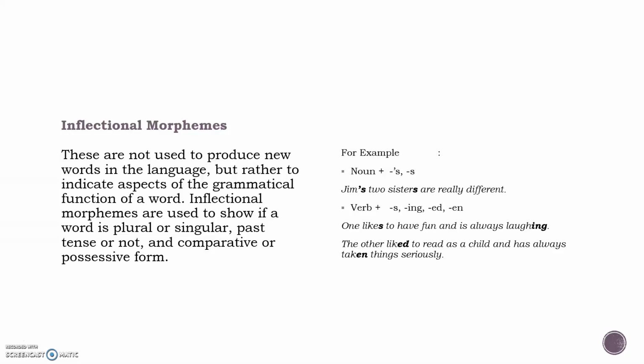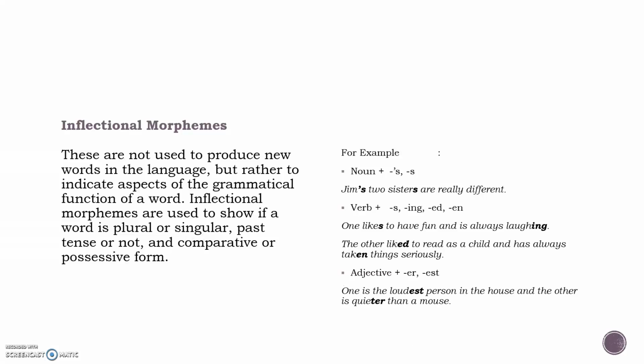Likes: here it added -s to show third person singular, and -ing to show present participle, and -ed to show past tense and past participle. The sentences become "One likes to have fun and is always laughing," and the second is "The other liked to read as a child and has always taken things seriously."